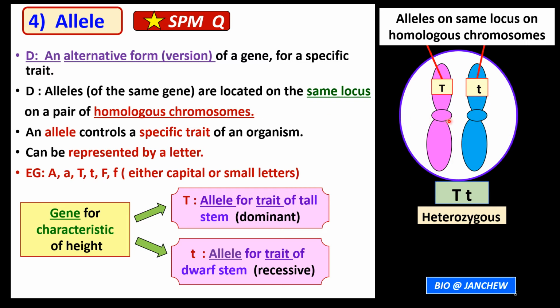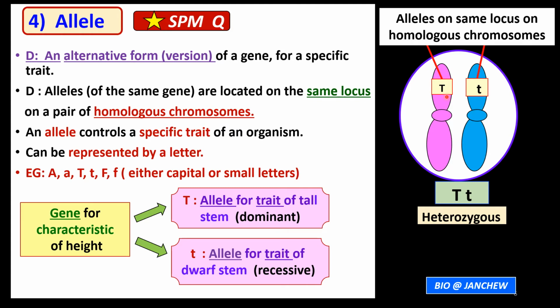So for example, in the last lesson, we talked about the inheritance of tall stem and dwarf stem. So let's say this is a cell containing the two chromosomes that carry the alleles for height, the gene for height.